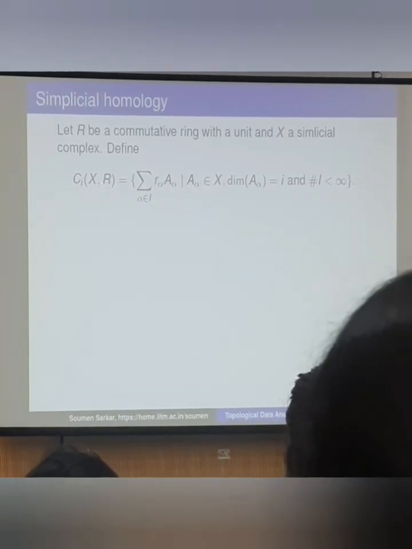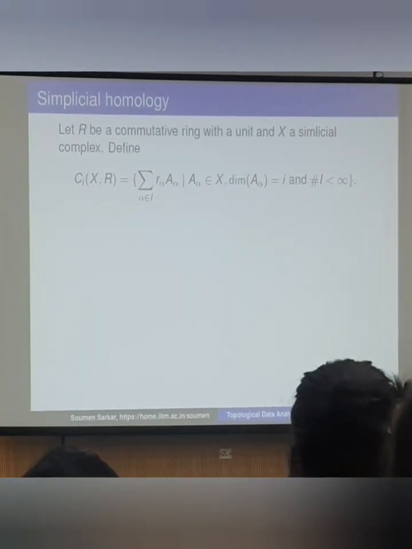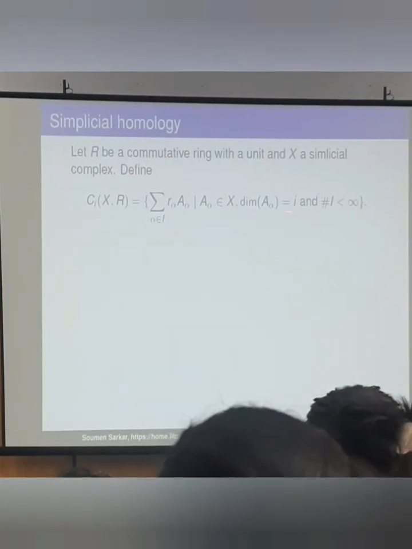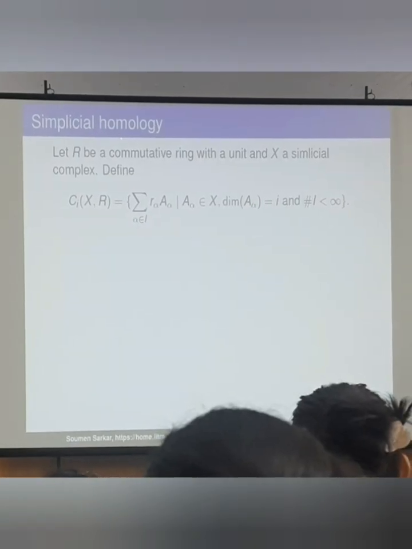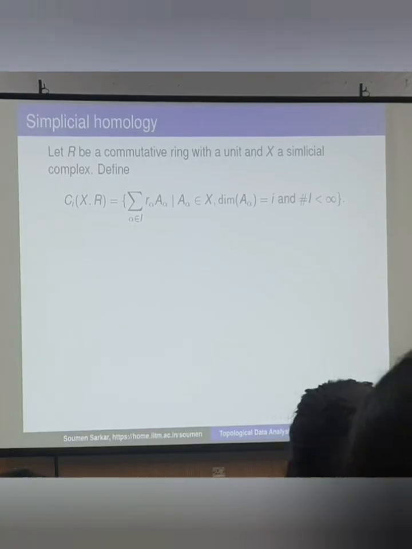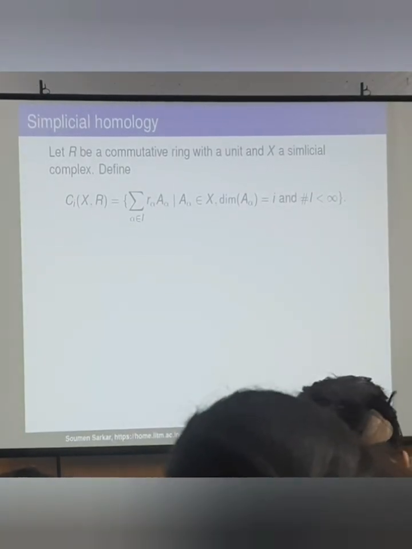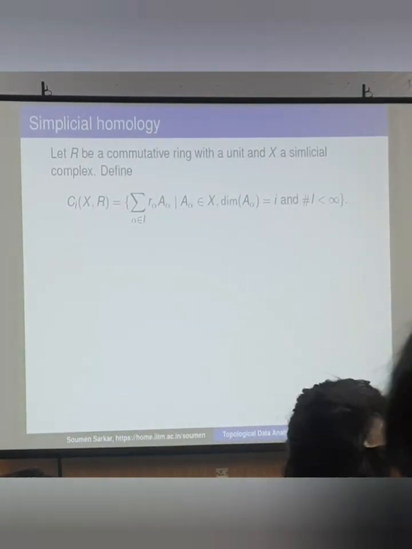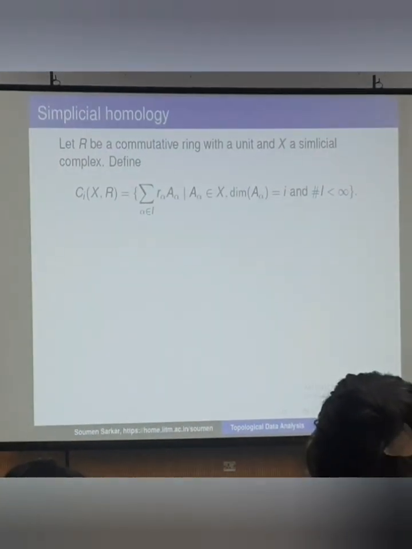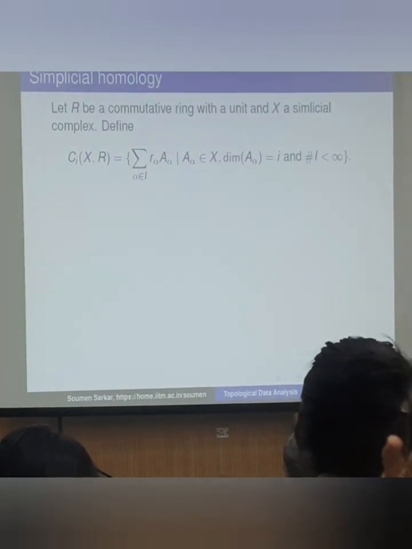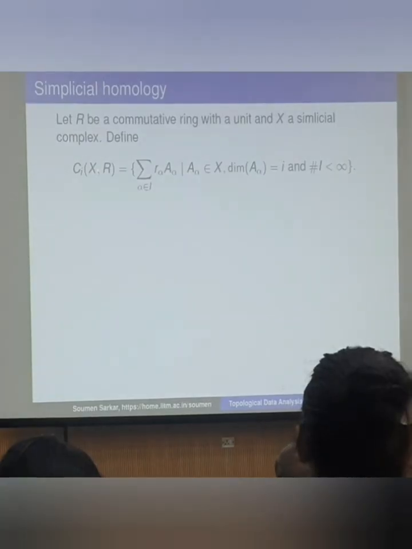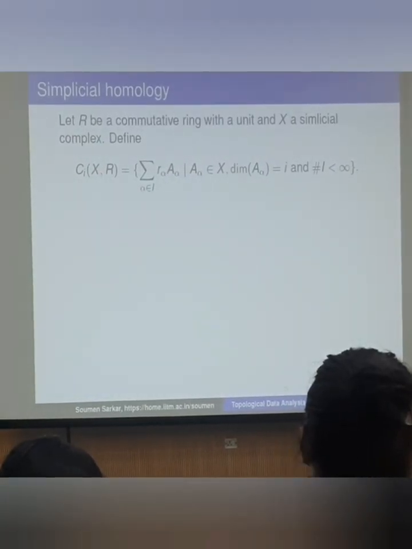This group is called the chain complex, the ith chain complex. The i comes from the dimension of this simplex. So what does it mean? For an n-simplex, we had n plus 1 many points in general position, meaning that if we take n many points from there, they don't belong to an affine hyperplane of dimension less than n minus 1. That is the definition of general position. So is it okay? The ith chain complex, that was very easy.